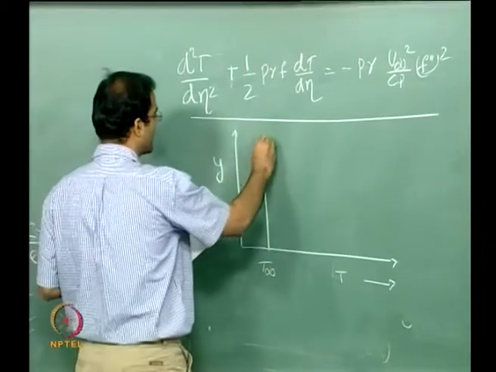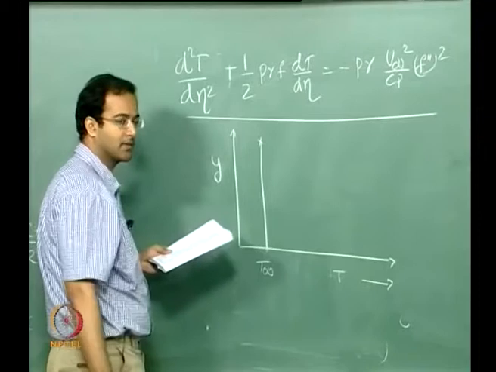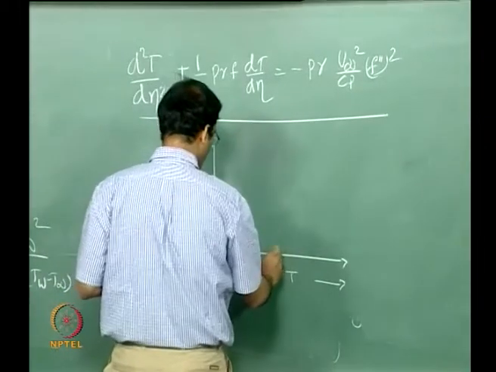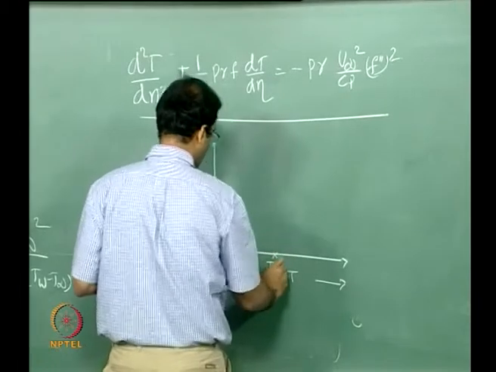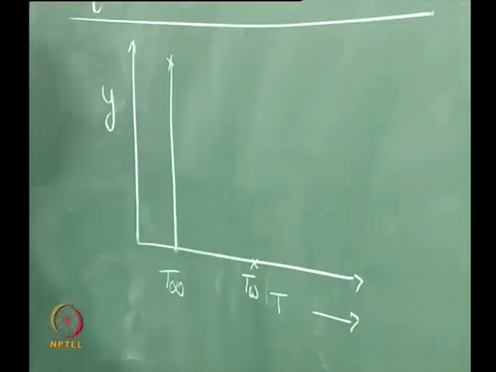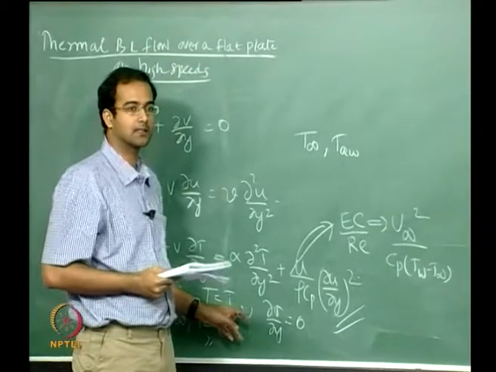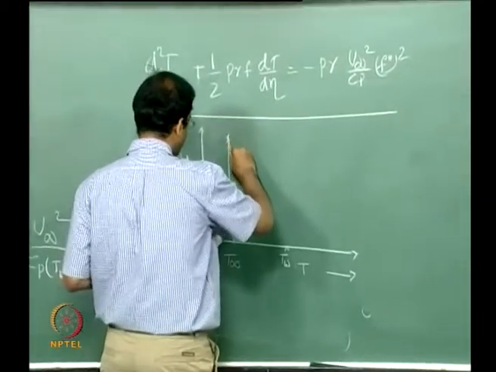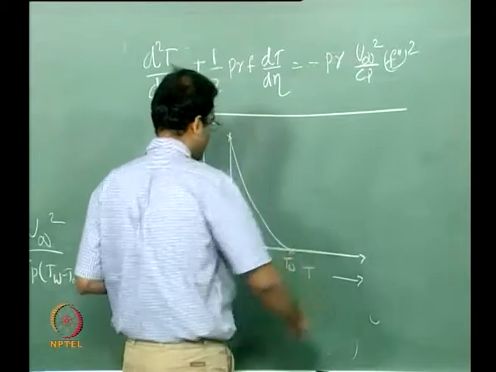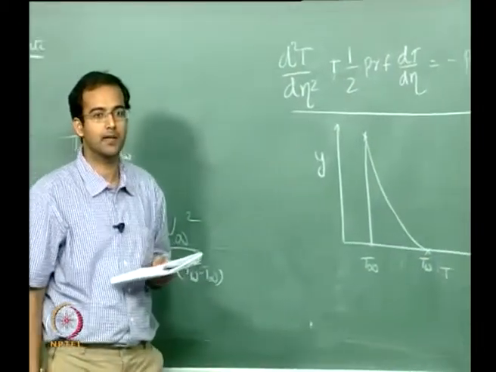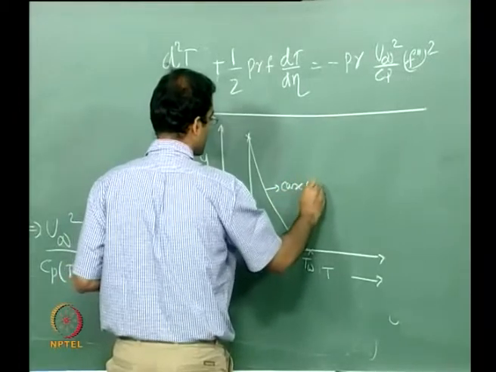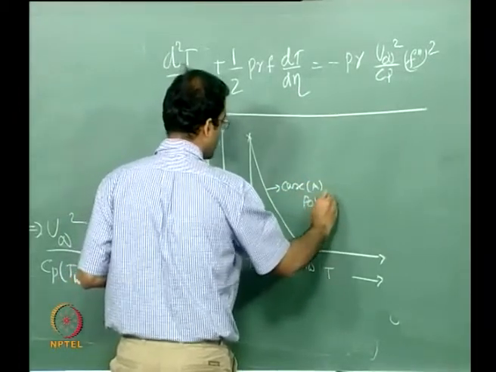From there, problem number 1 is solving this without the viscous dissipation with constant wall temperature. That is the Pohlhausen solution. How will you get your temperature profile? It will be like this. This is the variation for case 1, which is nothing but your Pohlhausen solution.